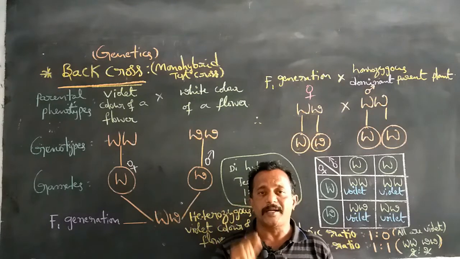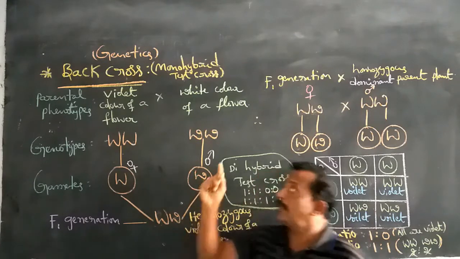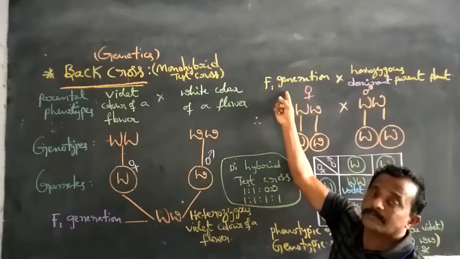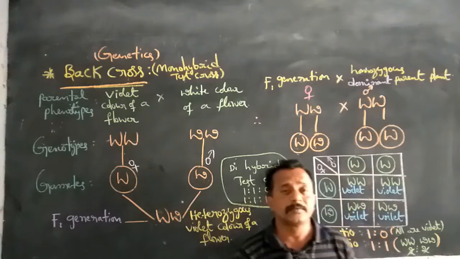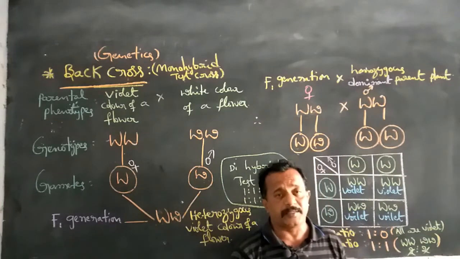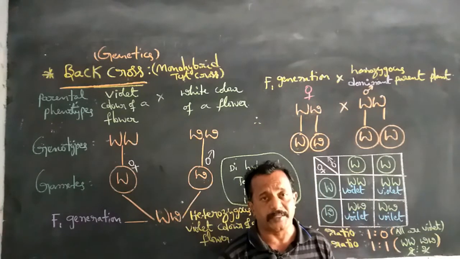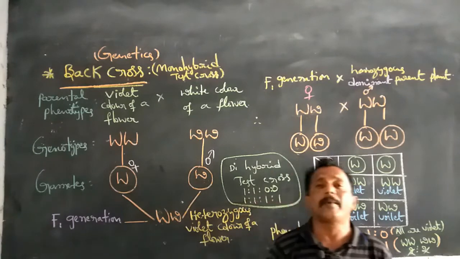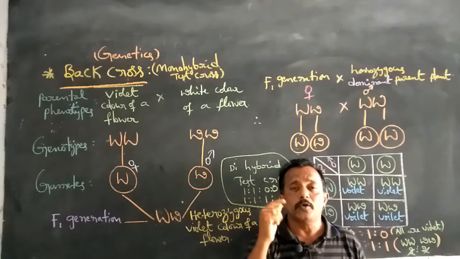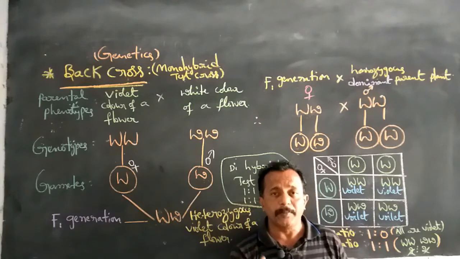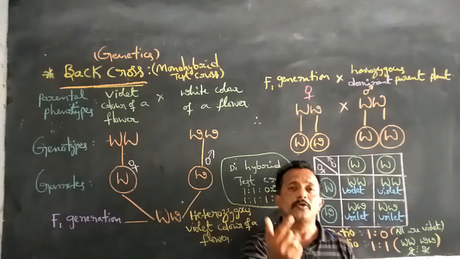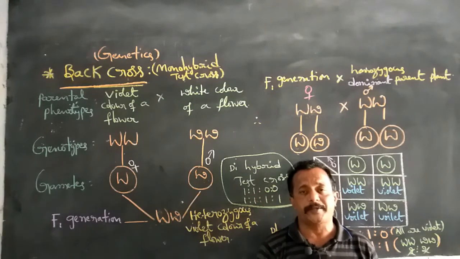But back cross, what is the back cross? When the F1 generation is crossed with any one of its parents, that is called back cross. Homozygous dominant parent plant, or homozygous recessive parent plant.